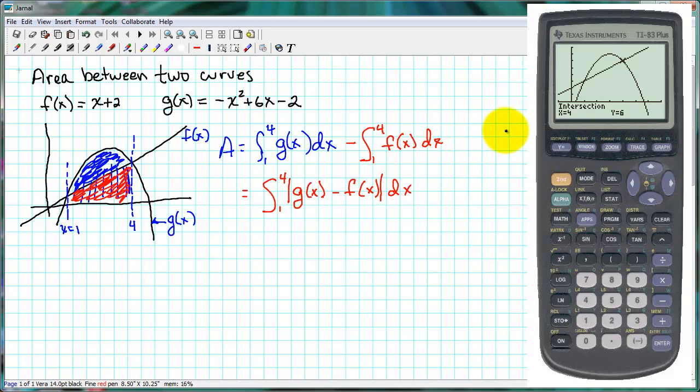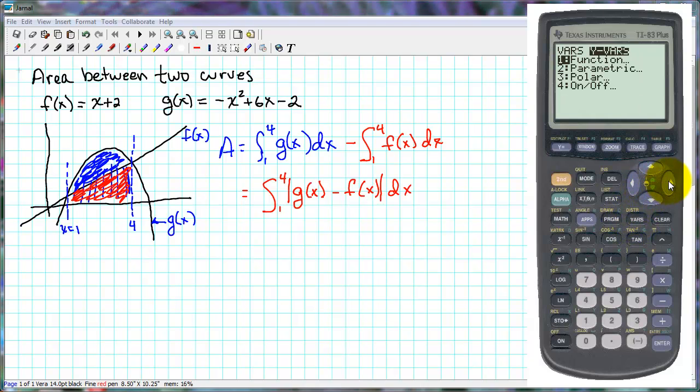We already have entered into y1 our f of x, and this is our g of x. So in y3, I'm going to calculate the difference of the two functions. Now we could retype in these functions, but we can use a capability on the calculator called vars, and we need y vars to get a function. So we're going to take function 1 minus function 2.